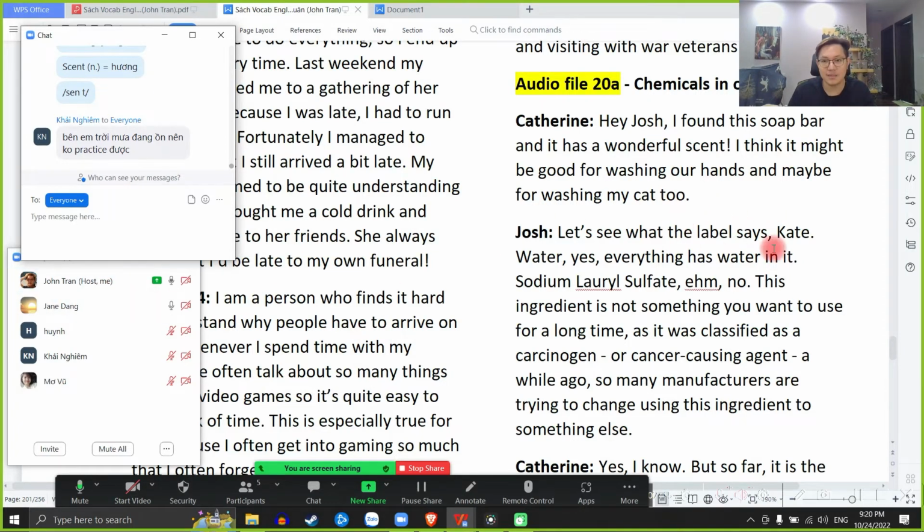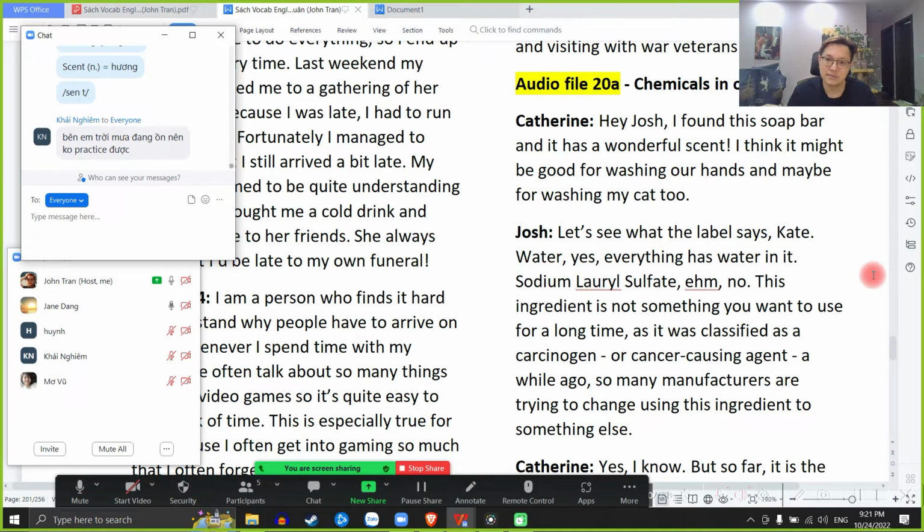Let's see what the label says, Kate. Water, yes, everything has water in it. Sodium lauryl. How to say lauryl? Lauryl sulfate. Sodium lauryl sulfate.